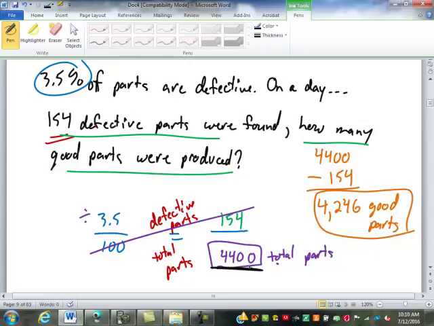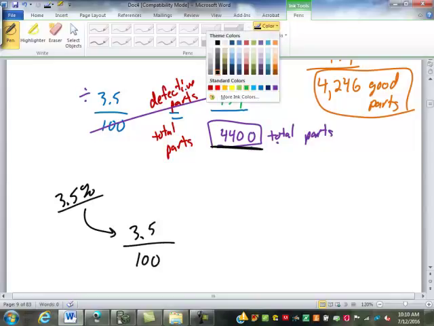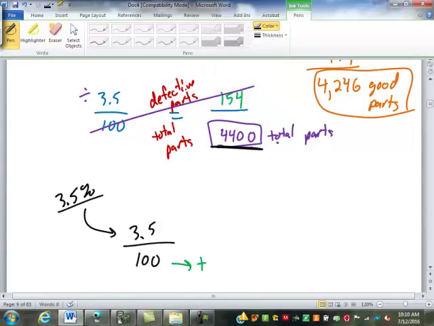I told you before that when we're dealing with percents, there's usually three things. And this problem represents that very well. When we have that percent, the 3.5%, there's the 3.5 and there's the 100. The 100 always, of course, represents the total. The 3.5 represents that piece of interest.